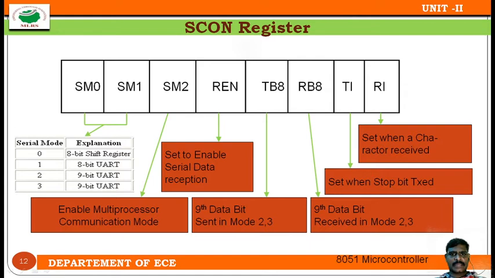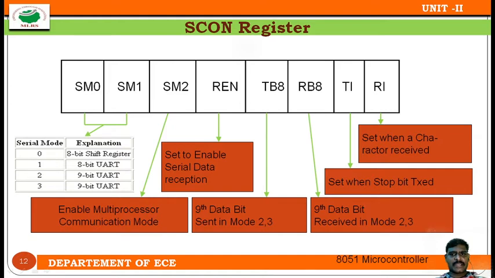Next, REN is used to set or clear the software enable or disable of reception. Then TB8 and RB8 are SCON.3 and SCON.2, which we are not using.